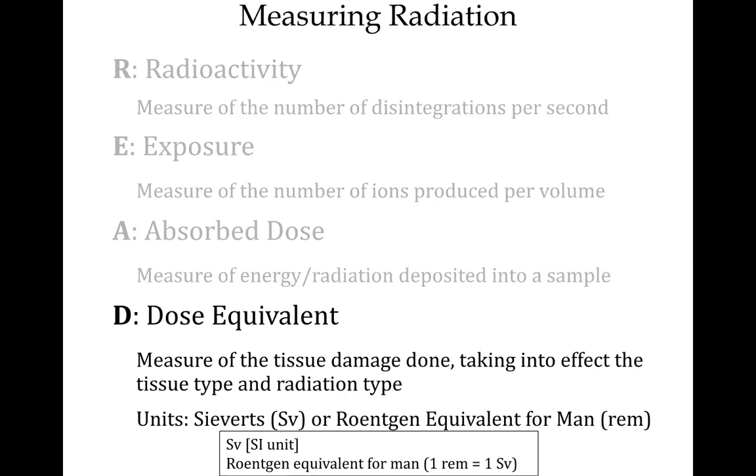REMs. So we've dialed it in completely, right? We've looked at, at the beginning, radioactivity and just what's going on with that radioactive material kinetically, if you will, and broken it down all the way to how much radiation is being delivered to a sample, right?